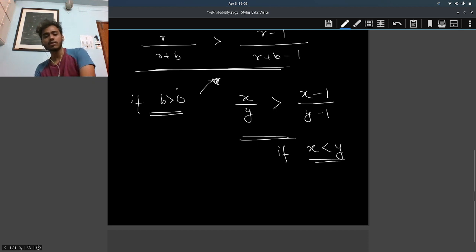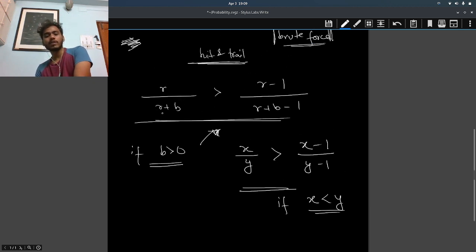So r will be less than r plus b if b is greater than 0. Like, let's say 2 by 5 is greater than 1 by 4. Obviously this is 0.4 and this is 0.25, right? Similarly 2 by 3 is greater than 1 by 2, something like that.